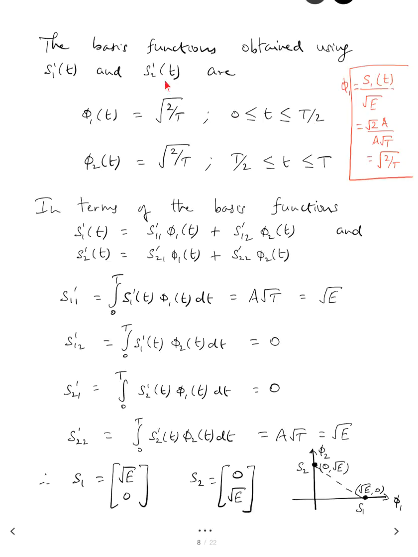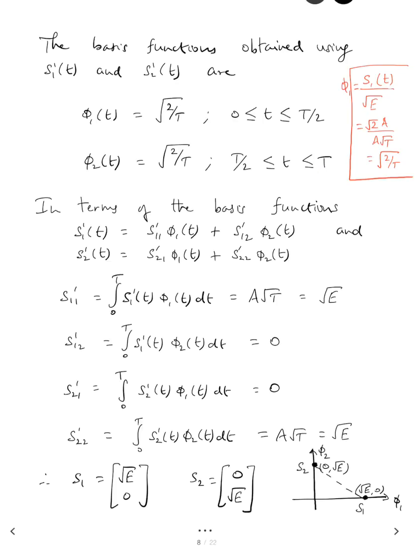In the binary case, it is root 2 by T for 0 to T by 2 and T by 2 to T. For a 4-dimensional space, you will have 4 basis functions, phi 1, phi 2, phi 3 and phi 4, but instead of root 2 by T, it will be root 4 by T, and the intervals will be 0 to T by 4, T by 4 to T by 2, and so on and so forth.